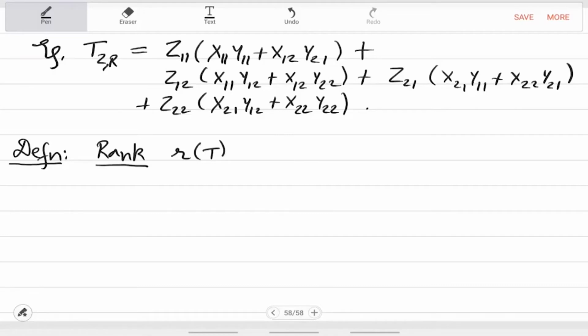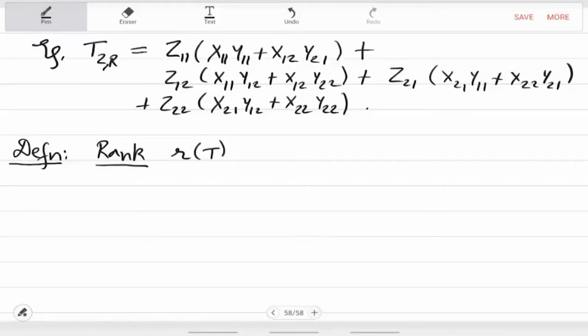By a simple tensor, we mean one where you are just multiplying linear forms: a linear form in x times a linear form in y times a linear form in z. For example, x11 times y11 times z11 is a simple tensor. This tensor is called rank 1. The minimum number of these simple tensors in such a sum is called the rank.